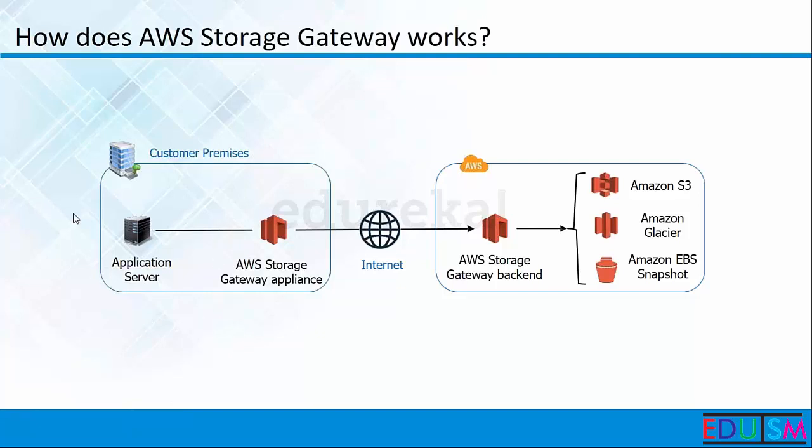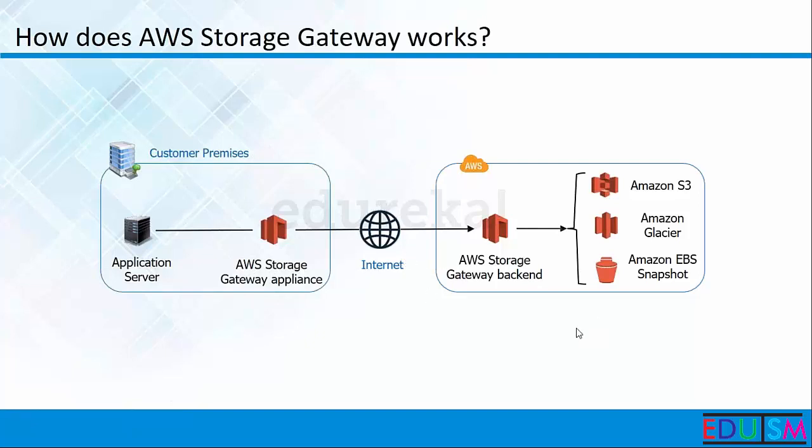In the customer premises, in your own data center, you must have database servers, application servers, and web servers. The application server is connected to the AWS Storage Gateway appliance, which is a virtual appliance, and that connects to the internet.